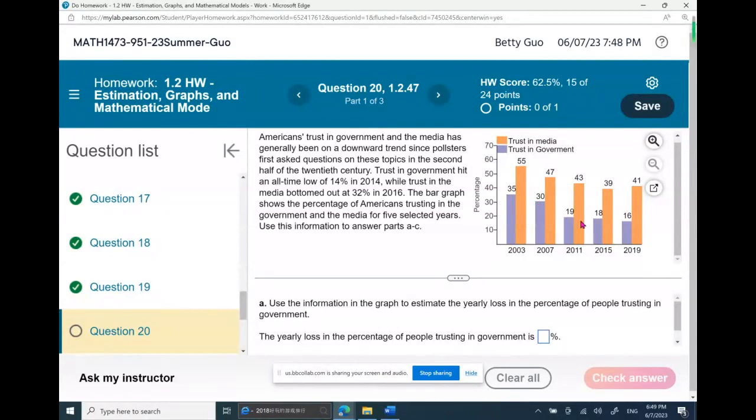The purple bar has a very obvious decreasing trend, less and less. So we are looking for the estimation of the yearly loss in percentage of people trusting government. Okay, this is a very important question.